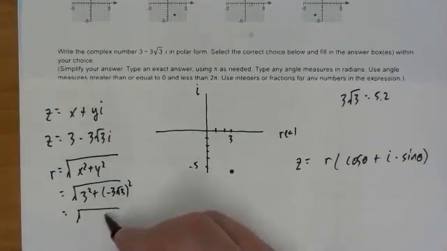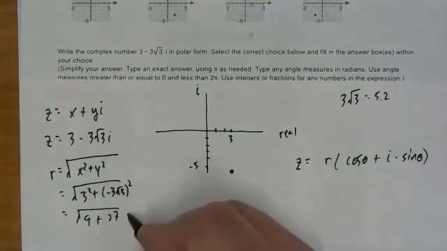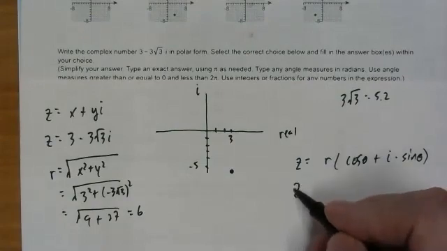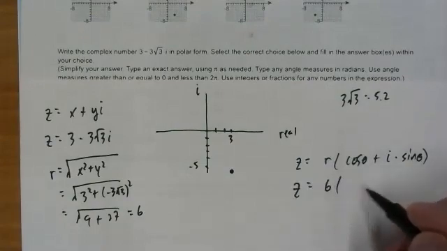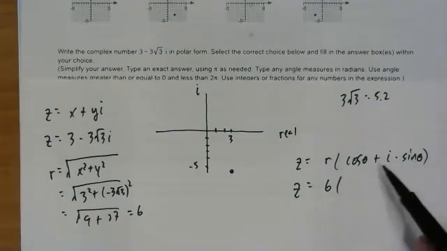So that's going to be the square root of 9 plus, first of all, it's a positive number. 3 squared is 9, square root of 3 squared is 3, so that's 27. 27 plus 9 is 36. Turns out R is 6. Now I need to get theta. Once I've got theta, then I've got this complex number written in polar form.